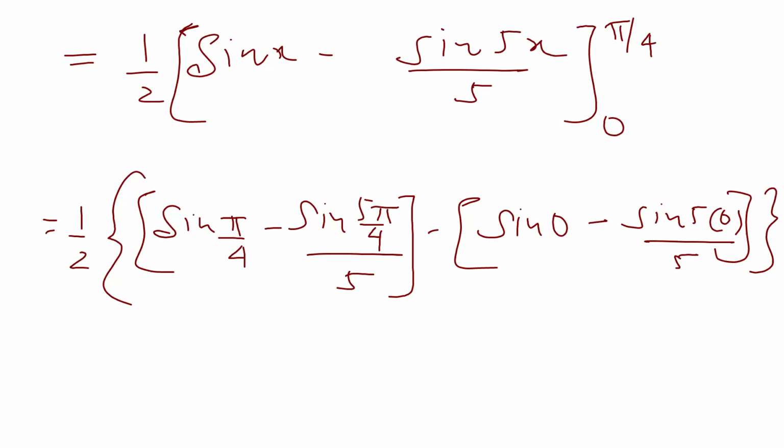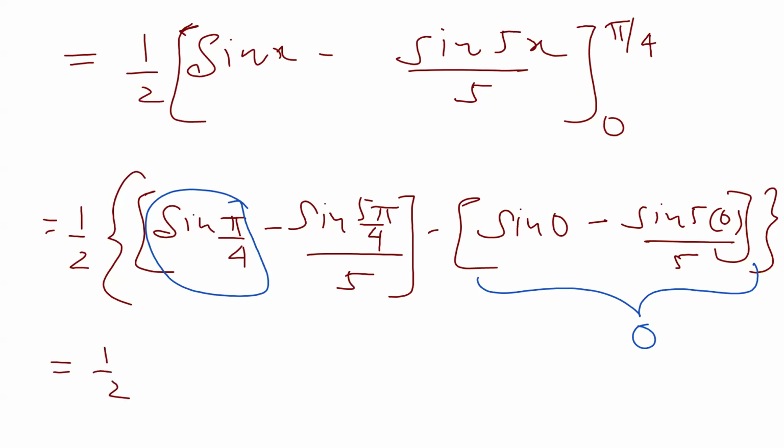What is the value of the entire second bracket? It is 0. Sin 45 is 1 by root 2. Sin 5 into 45.